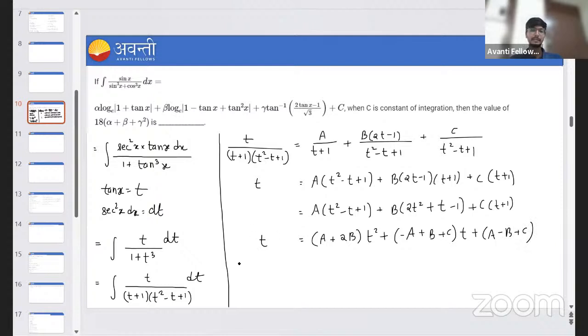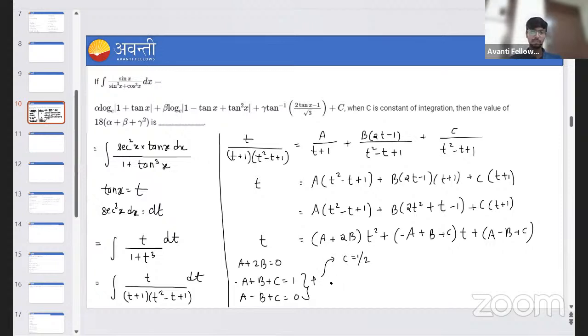If we compare, I'll get a plus 2b equals 0. Then I'll get minus a plus b plus c equals 1. And a minus b plus c equals 0. So if I add these two, what I'll get? I'll get c equals half.